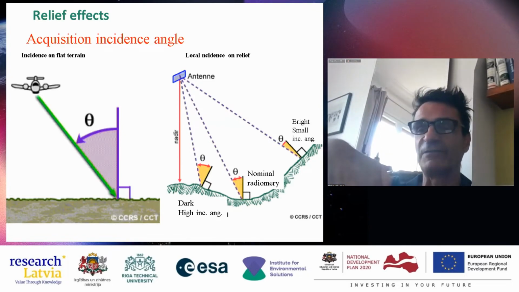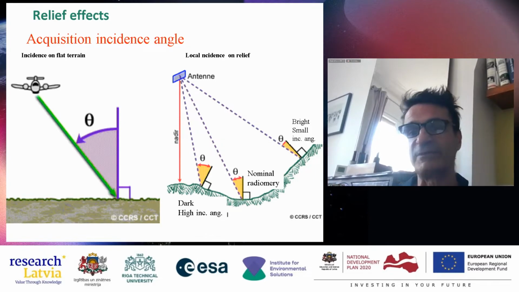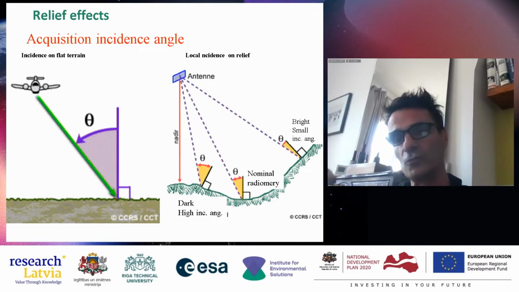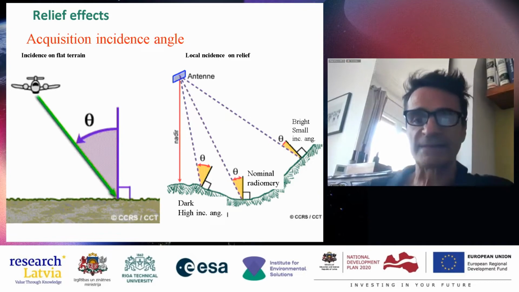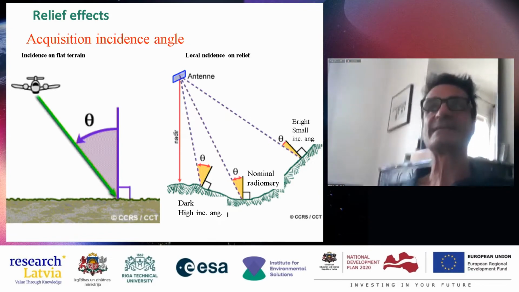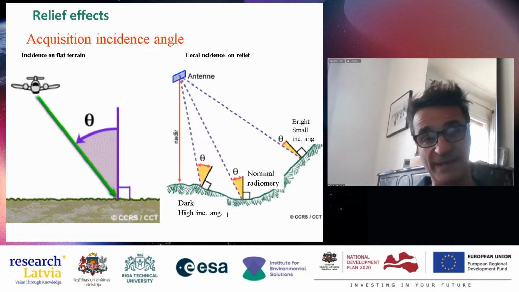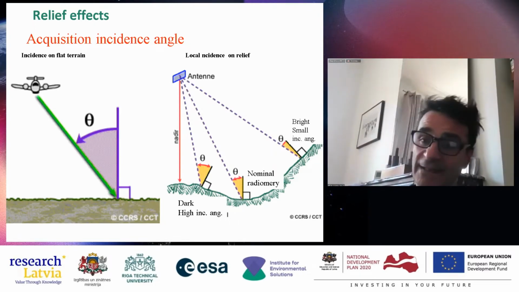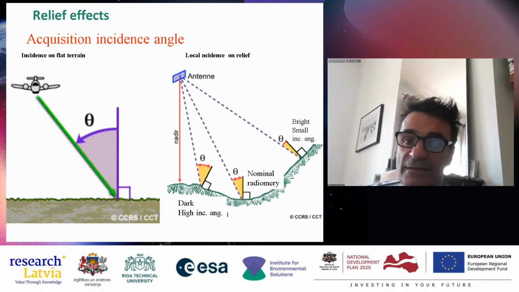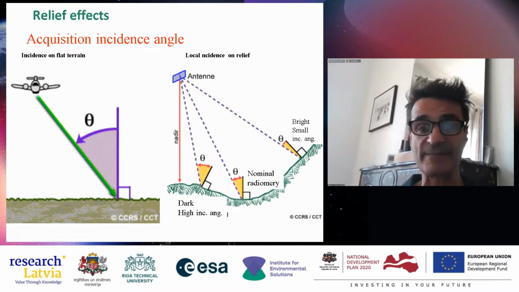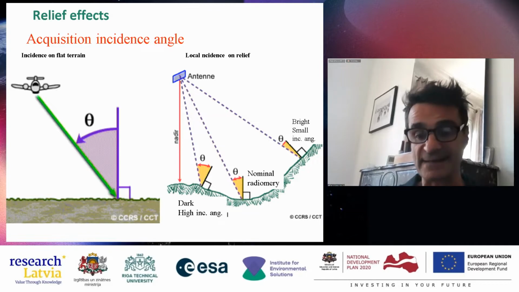So relief effects are sometimes visible if the sun is too low, but in general, they are not as sensitive to relief as the radar. Radar is very sensitive because it is a side-looking system with high incidence angles.